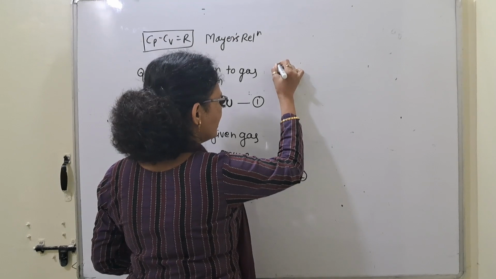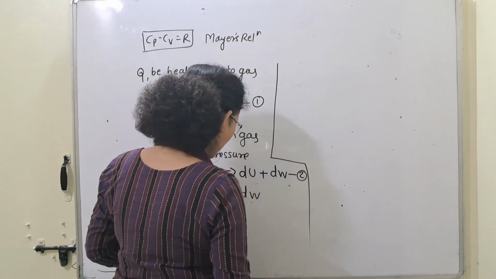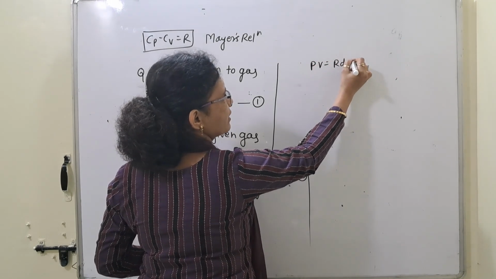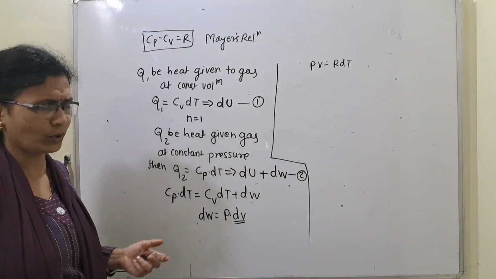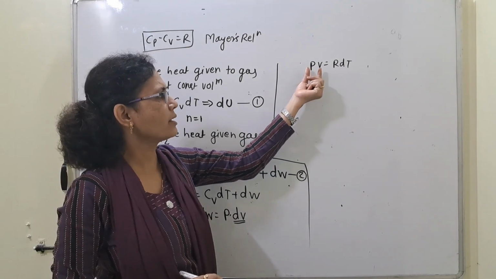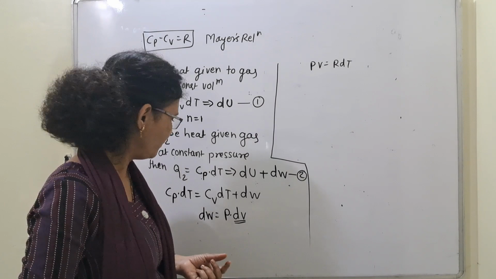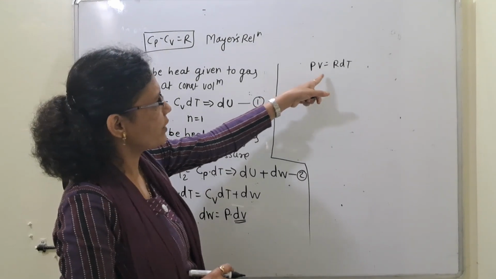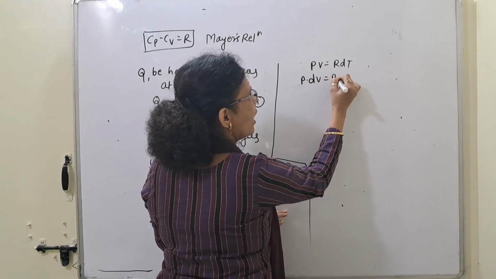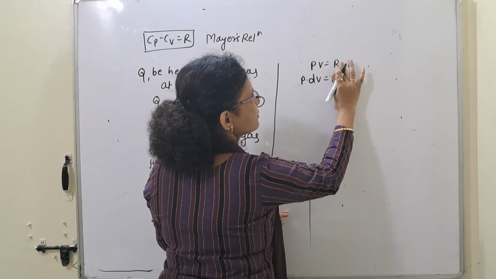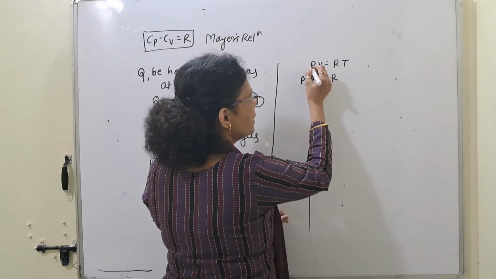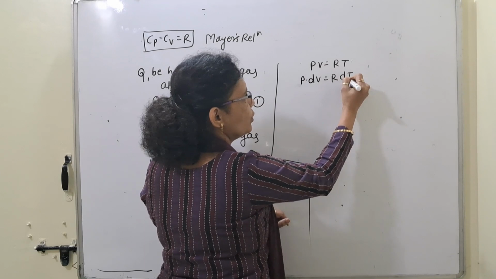If I consider the ideal gas equation for 1 mole only, it can be written as PV is equal to RT. Actually, PV is equal to nRT, but if 1 mole of gas is there, we can consider PV is equal to RT only. Therefore, if I differentiate this, P into dV is equal to R into dt.